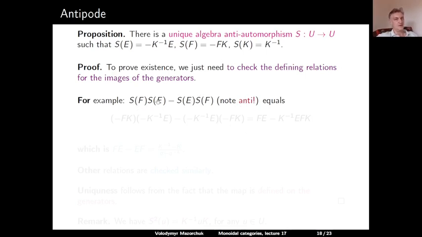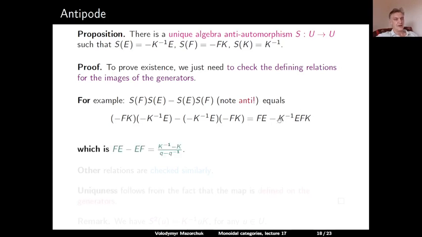So S of F times S of E minus S of E times S of F. We plug it in. We get minus FK times minus K inverse E minus the product in the opposite order, which is equal to FE minus K inverse EFK.